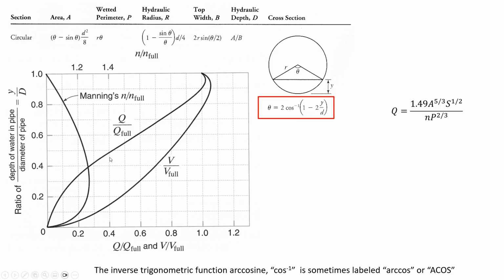So let's say, for example, we've got the same 50% full case, if the depth y was 0.5 of the diameter of the pipe. If we follow this over and intersect this curve, which is the ratio of Q to Q full, and follow it down, what it's saying is that it's about 42% of the flow rate.